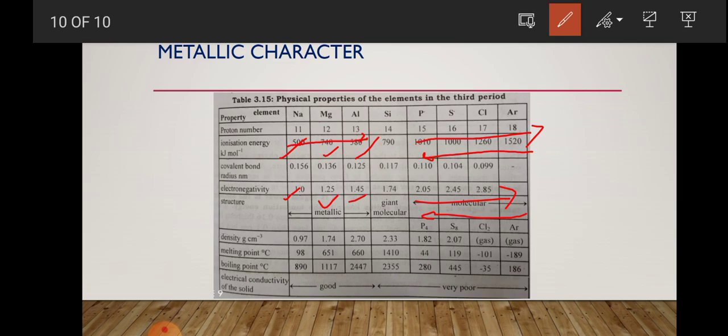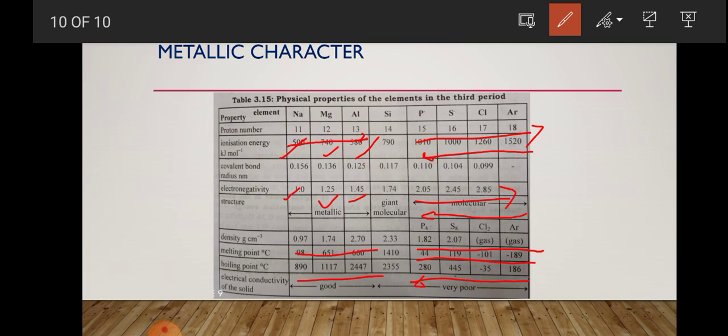Look here, for metals, density, melting point and boiling point are higher than for non-metals.